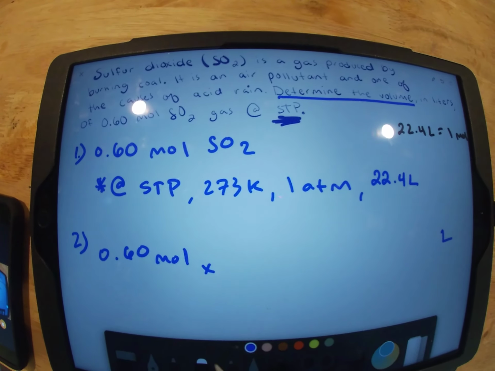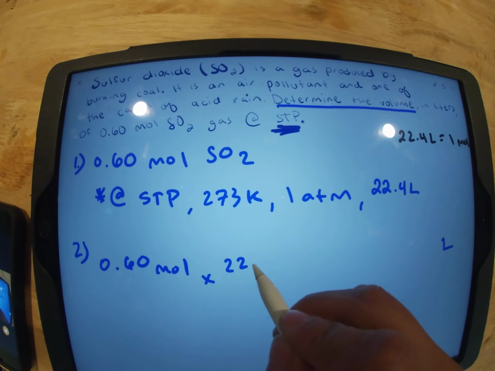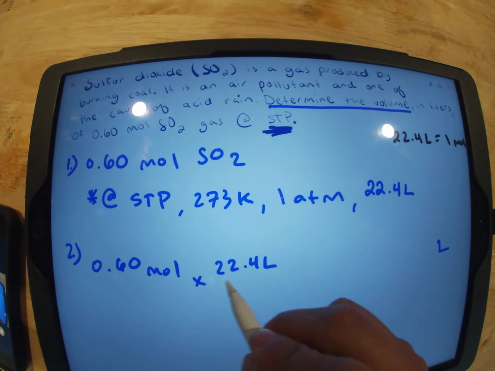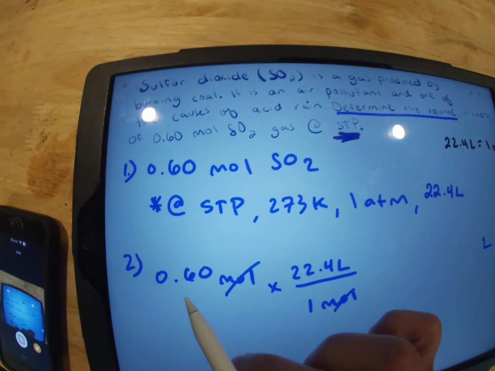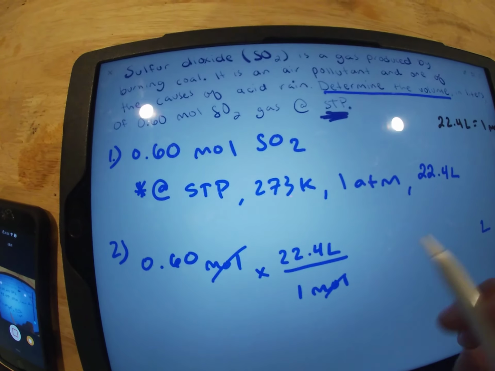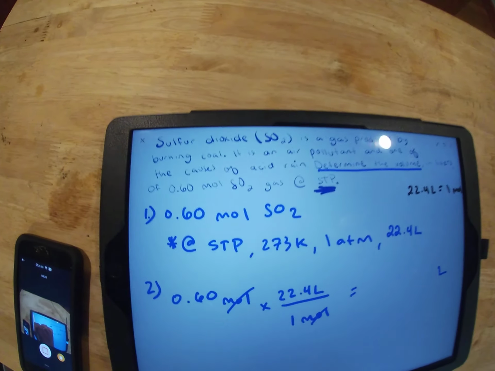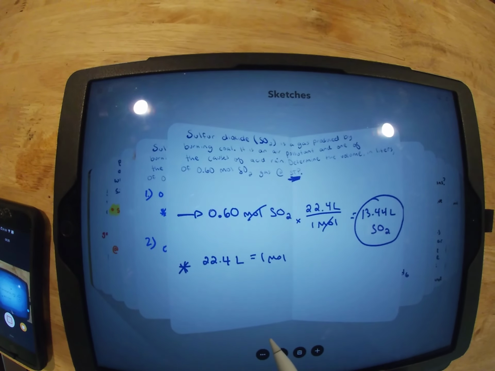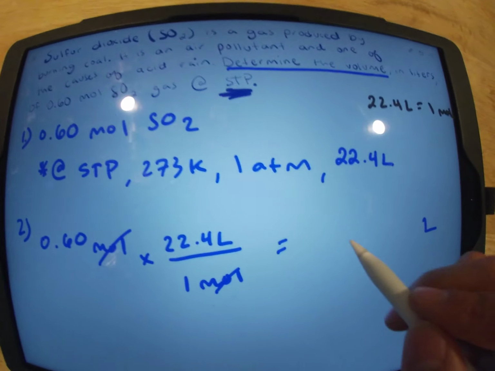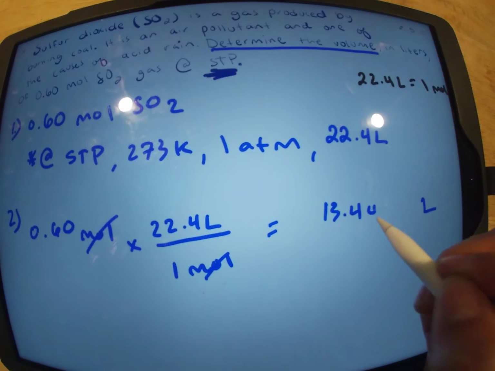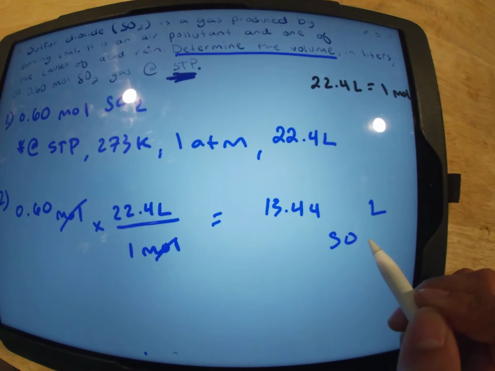So we're going to use that: 22.4 liters divided by 1 mole. Moles cancel out. 0.60 times 22.4 is 13.44. 13.44 liters of SO2.